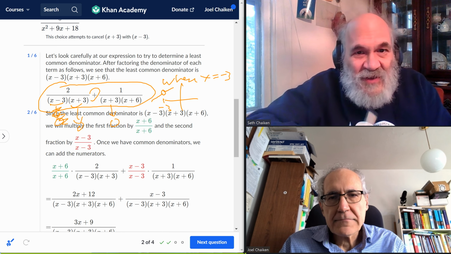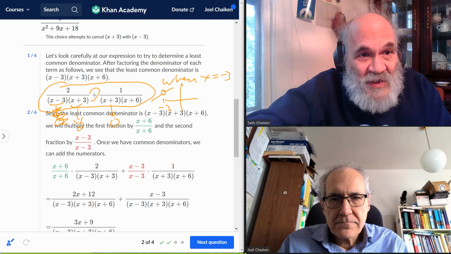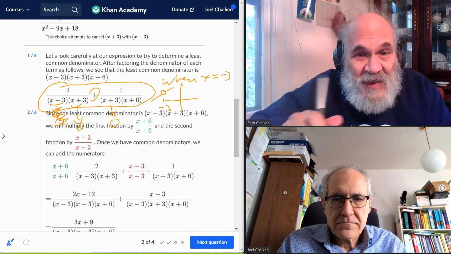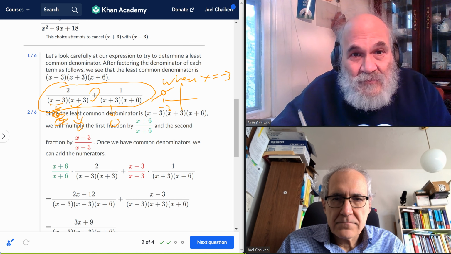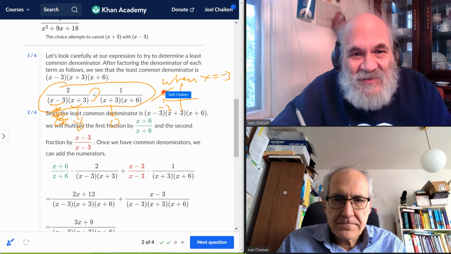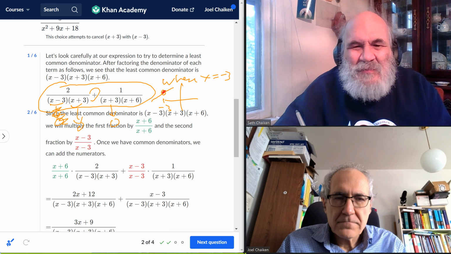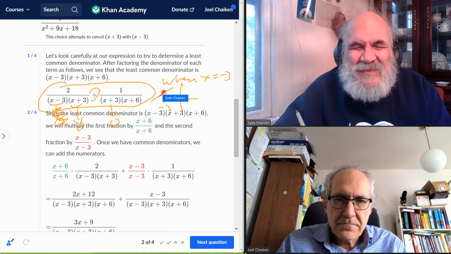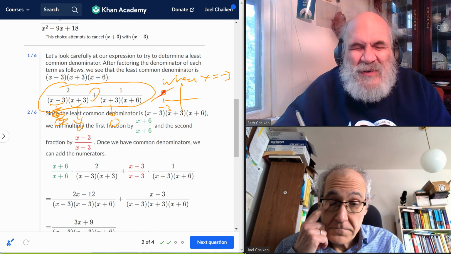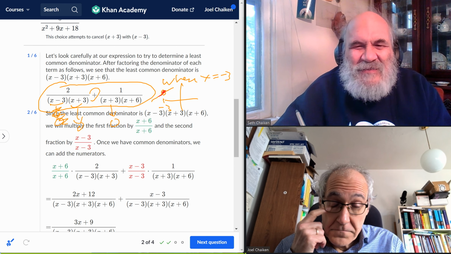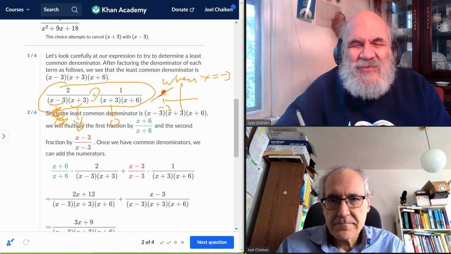Yep, it's undefined, bad at x equals minus 3. But the curve kind of ends at the point where x equals minus 3 from the left, and it continues continuously and differentiably on the other side.